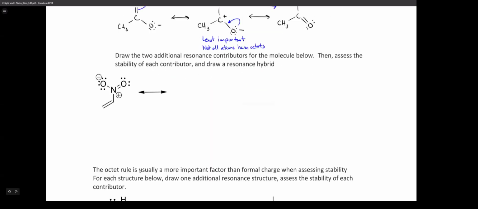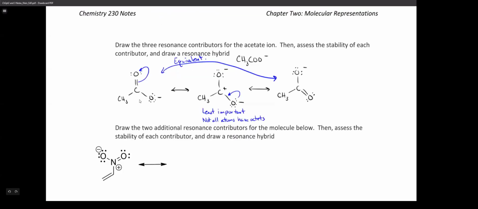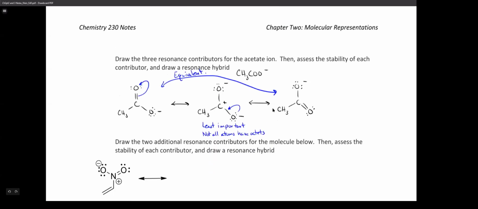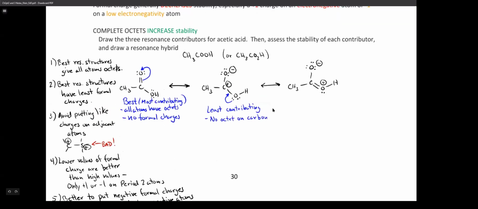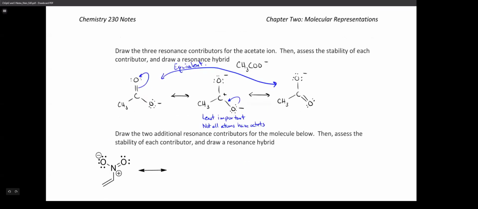Let's see. Oh, and the resonance hybrid on this, I didn't draw one for the other one. The resonance hybrid would look like this. So there's always at least a single bond, right? There's always at least 2 lone pairs.